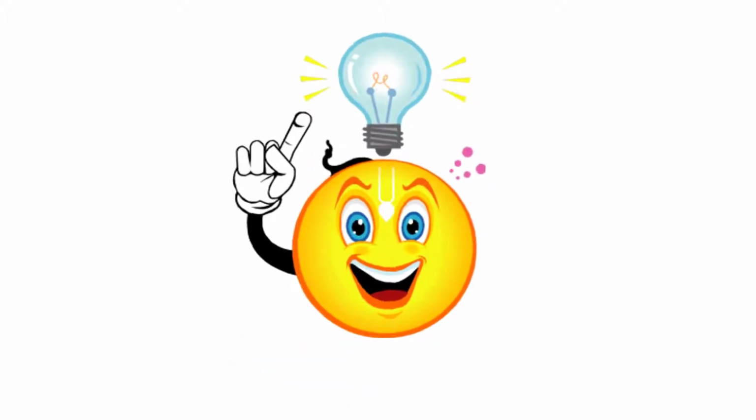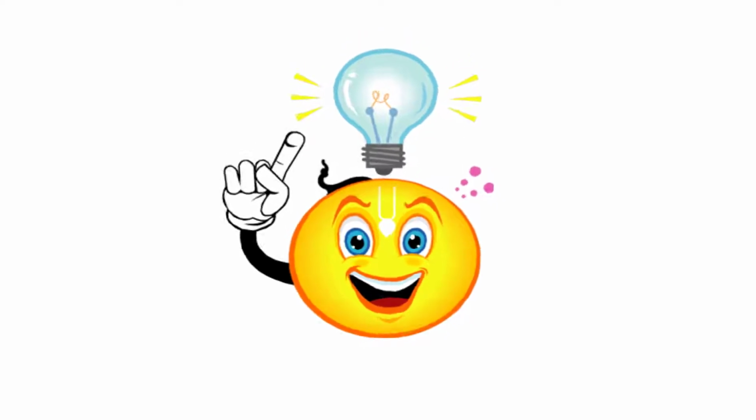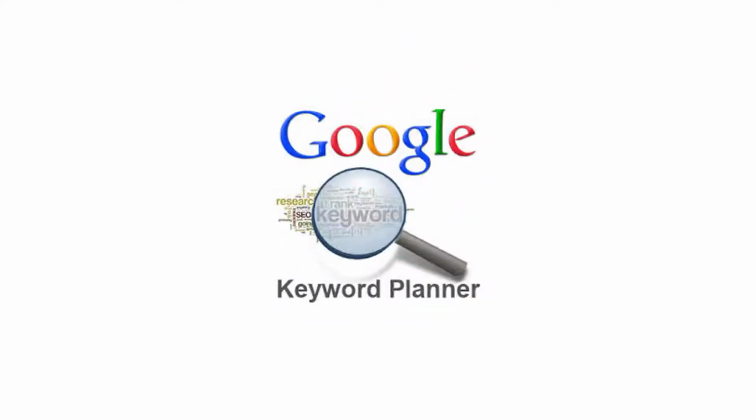Okay, so now that I've got you on the right track with what buyer keywords are, let's jump straight into the steps for generating your buyer keywords. The very first step that we should do is head straight over to the Google Adwords Keyword Planner tool, which is free to use, by the way, and log in to quickly get set up.